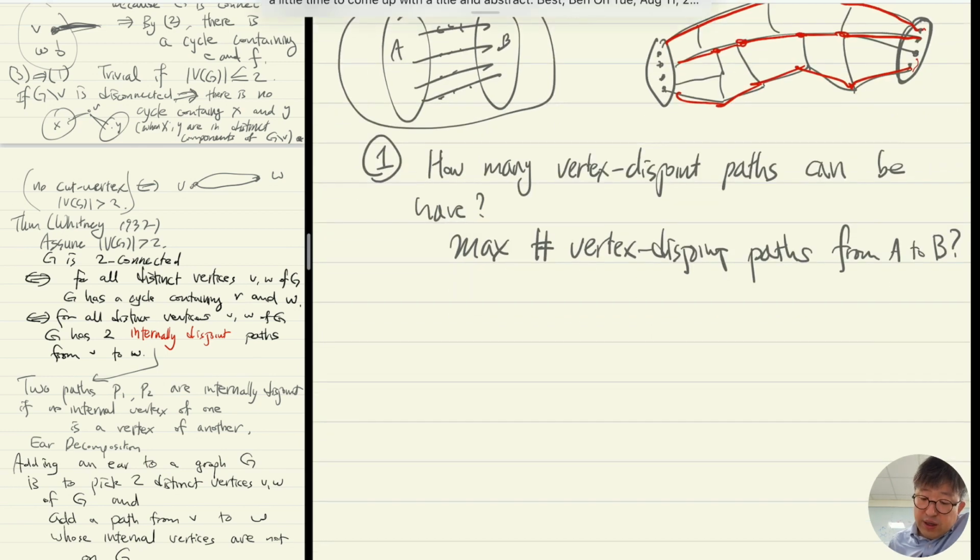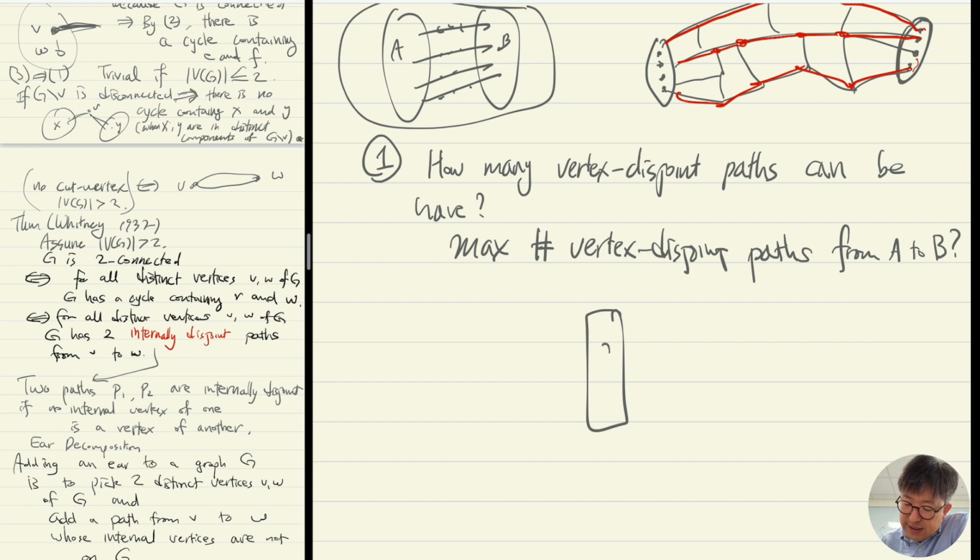Now, one way to prevent having too many vertex disjoint paths is to actually find a cut, right? Find a set of vertices.